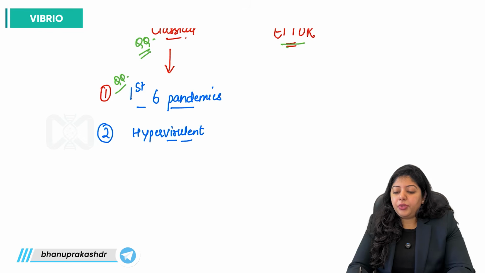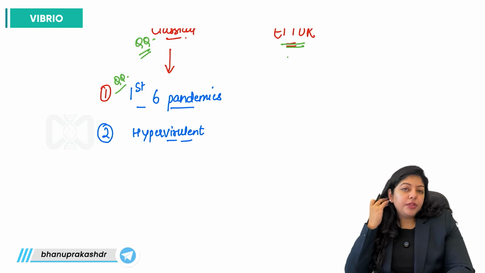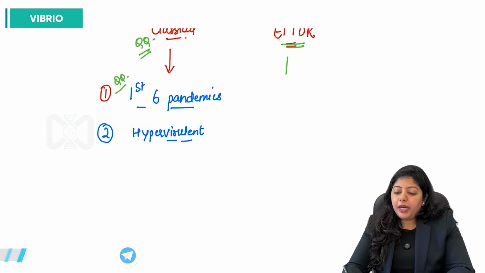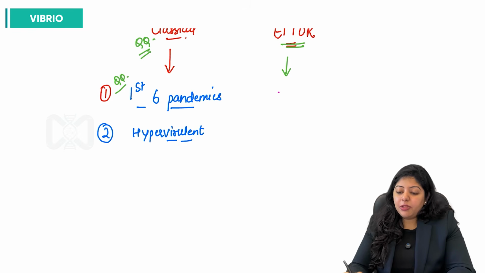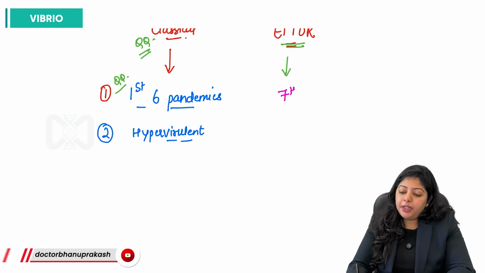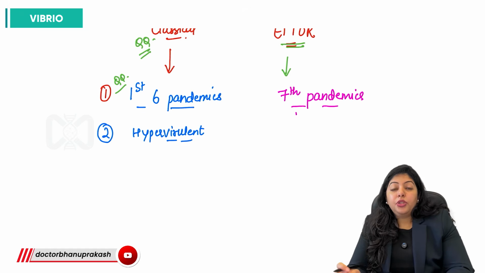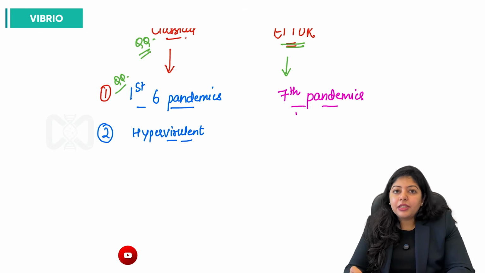And then the El Tor. After the first 6 pandemics came the picture of another biotype, that is El Tor, which was responsible for the next pandemic, the 7th pandemic. And thereafter, this El Tor biotype took over from the classic strain.